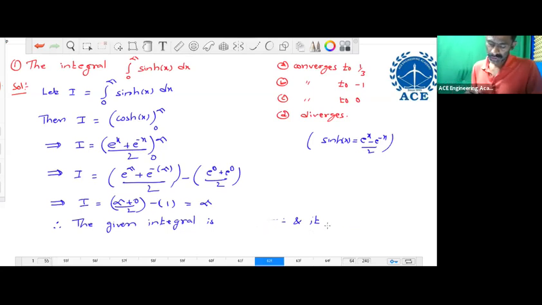Infinite value means divergent. The given integral is divergent. That is, not convergent, and it diverges to infinity. Sometimes in the options it may be given like this: diverges to infinity, diverges to minus infinity. In such a case, we choose it like this.